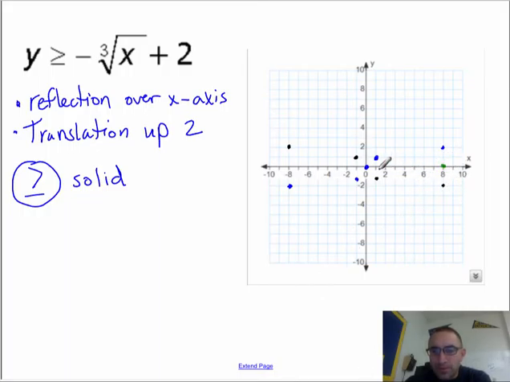Up 2, up 2, up 2, up 1, 2, up 2. So my graph is here, down, out that way, and shade in a point.